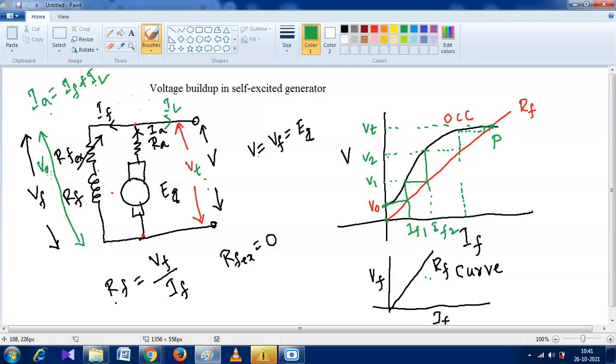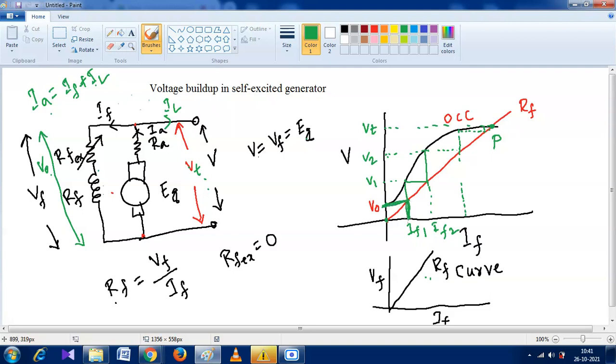Due to V0, we know from the field resistance curve how much current will flow. How much field current will flow through the field coil at that time?